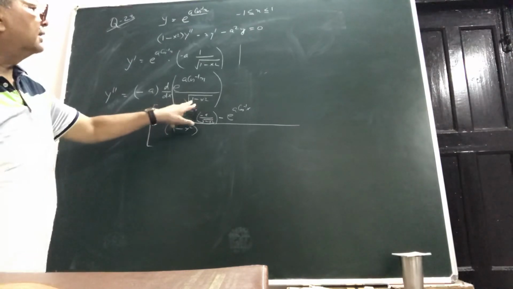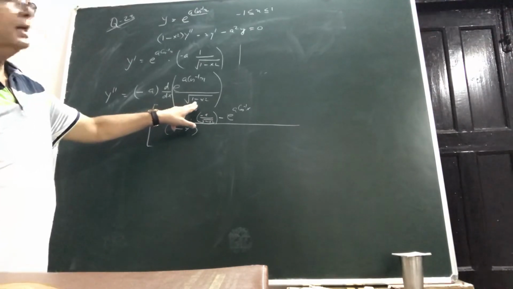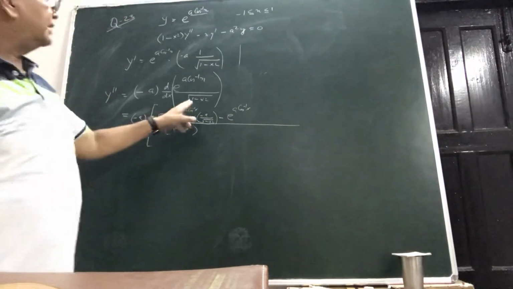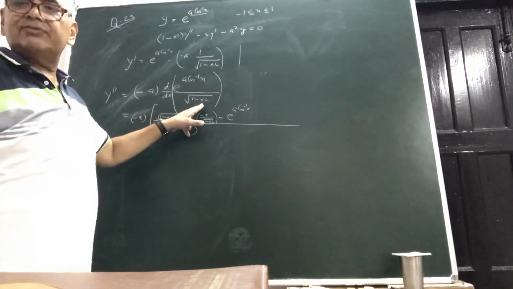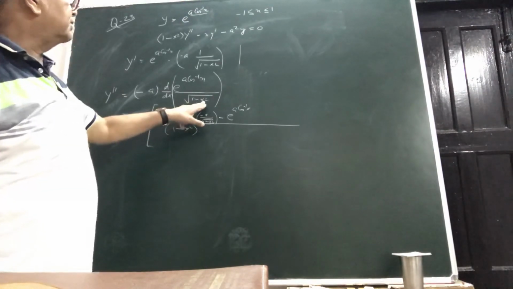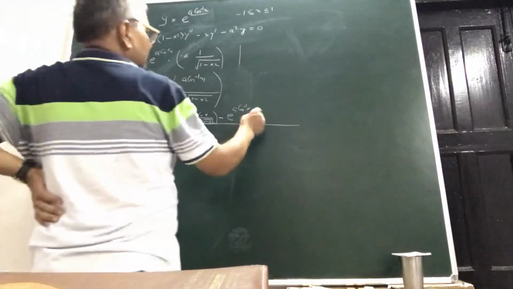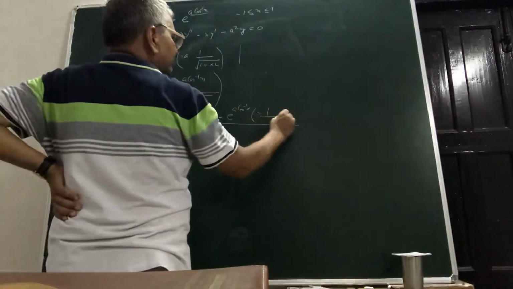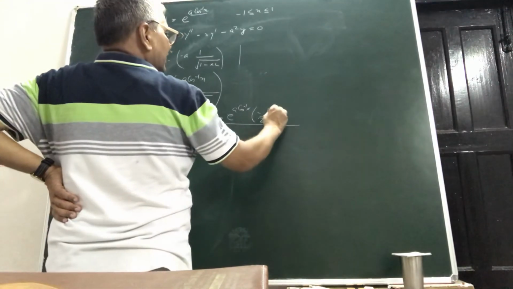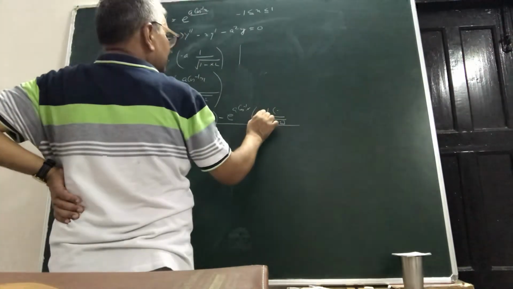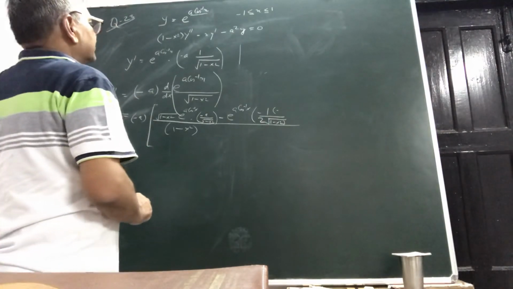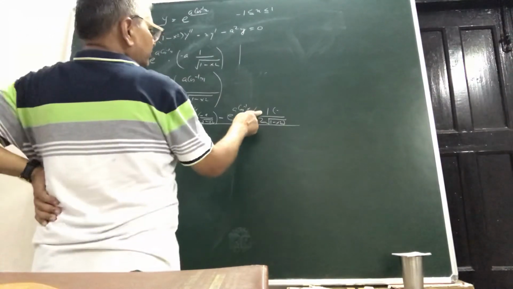Taking 1 minus x square as t, under root t has derivative 1 by 2 root t, into the derivative of this thing, which is minus 2x. So it will be minus 1 upon 2 root 1 minus x square into minus 2x. So minus minus will become plus x. No, it won't be minus here.